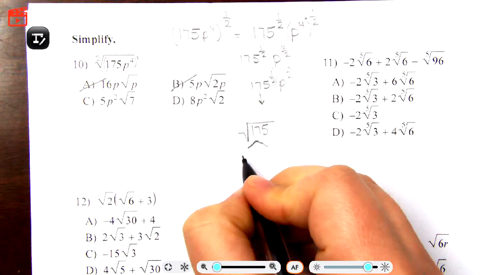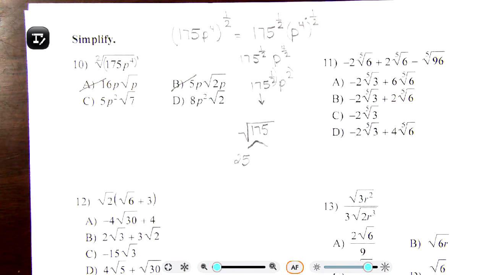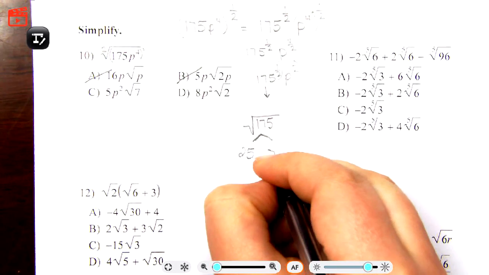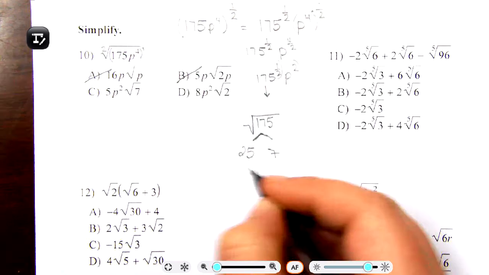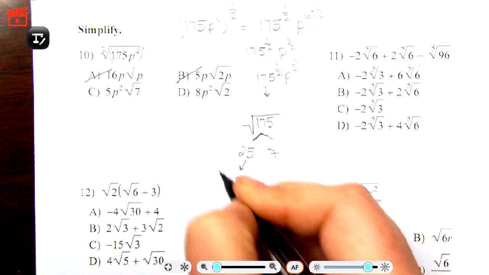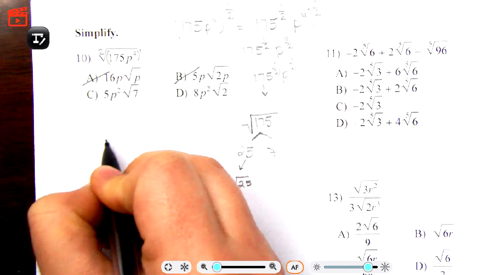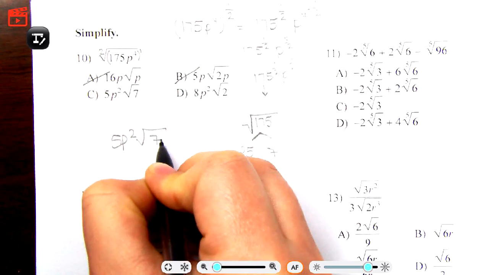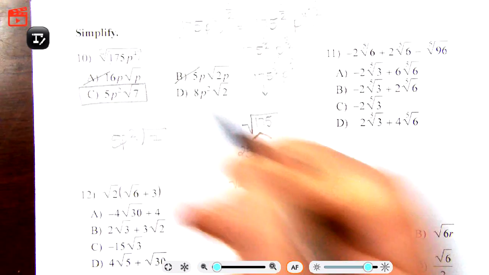I'm going to probably say 25 because 25 times what is 175? 175 divided by 25 is 7. So then this here is the square root of 25, which is 5. I'm running out of room. So then my final answer is 5p squared, square root of 7. So my answer here is C.